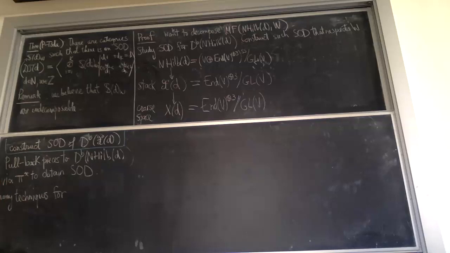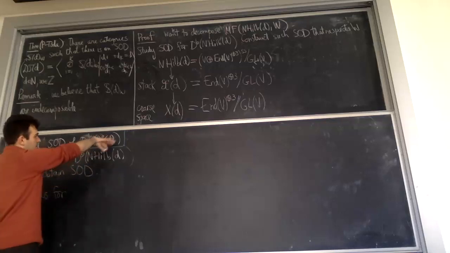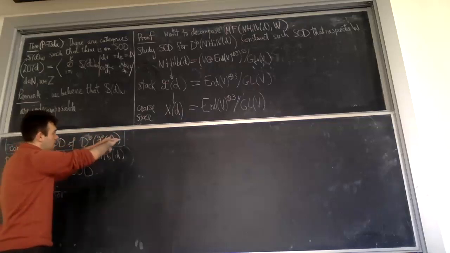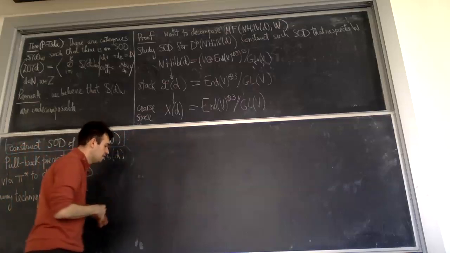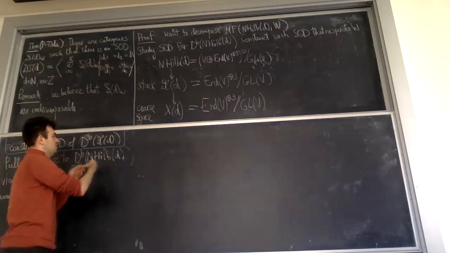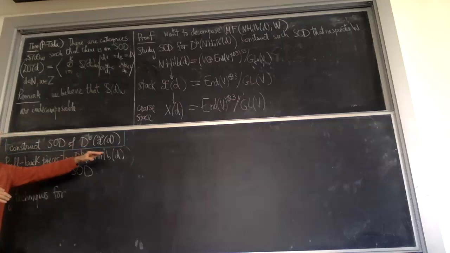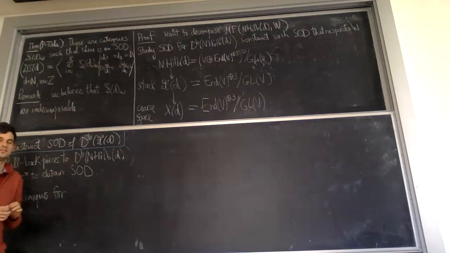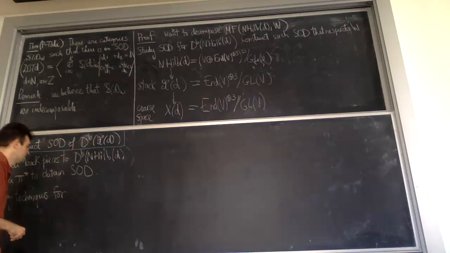So what will happen here is that the stack will have some large semi-orthogonal decomposition, and out of those pieces we identify just certain pieces that we pull back here, and then they still remain semi-orthogonal, and they also generate this category Db of n Hilb D. But the main work is in studying Db of the stack.